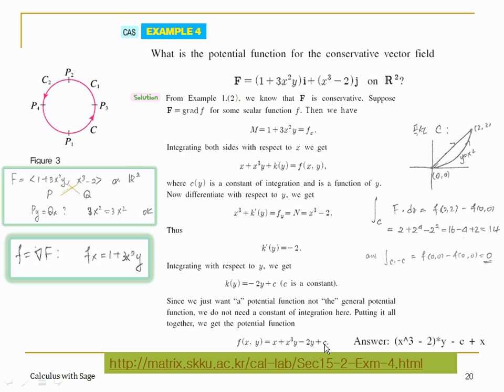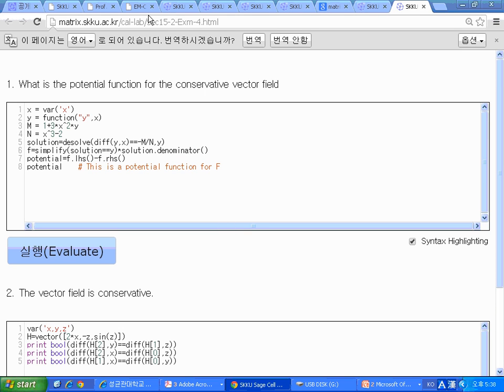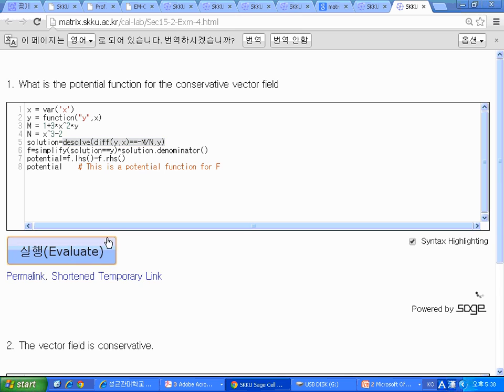So it's just doing the integration and checking the integration constant to find the entire function, which is f of x, y. This can be easily done in Sage. Let's define a function. We have a function y, and M is like this, N is like that. Then for the solution, we solve the differential equation and simplify it.